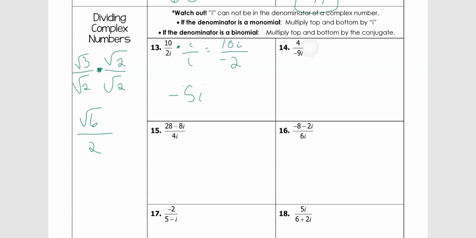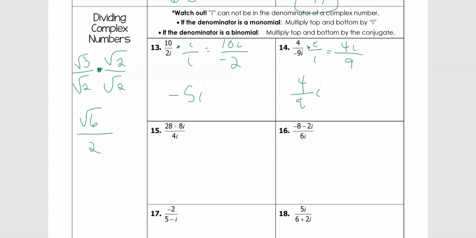Same thing for number 14. We're going to multiply by i over i, if it's a monomial, which this is. So you get 4i, and negative 9 times i squared is 9. And so we get 4 over 9i, or 4i over 9, or 4 over 9 times i.